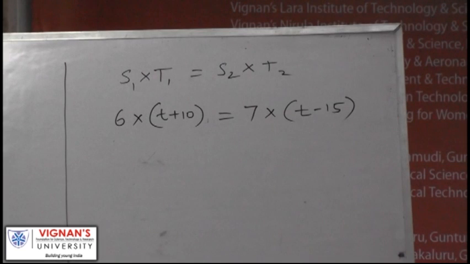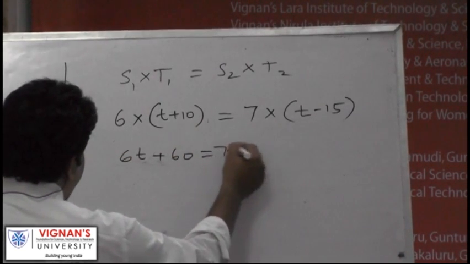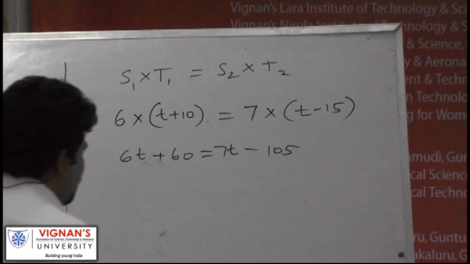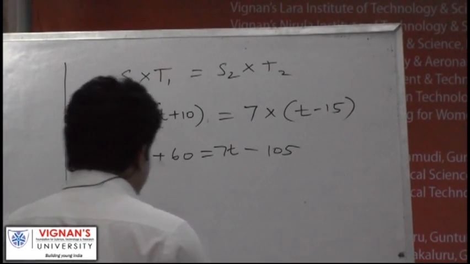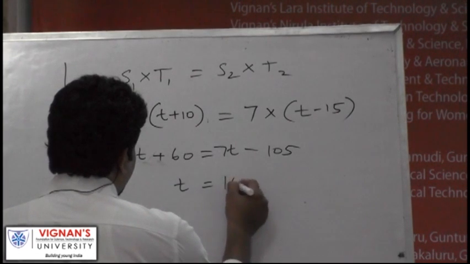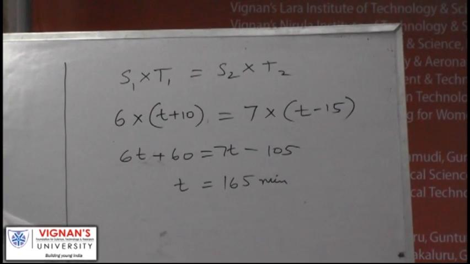Both sides will be doing it. Right? 6(T+10)/60 is 7(T-15)/60. Am I right? So what is T? T equal to 165 minutes.